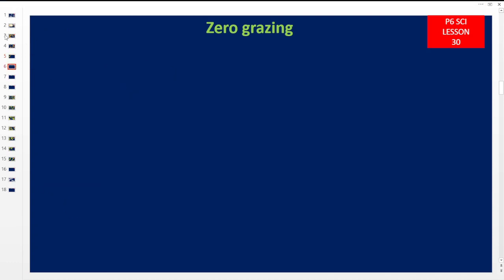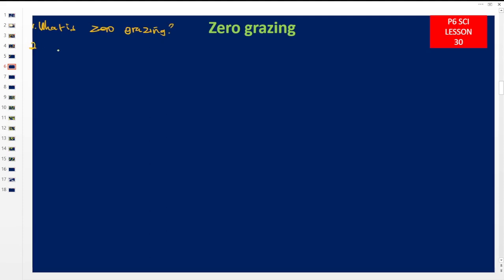Let us go to our activity. Number one is telling us to do what? What is zero grazing? Number 2: Identify 3 requirements to start a zero grazing system.